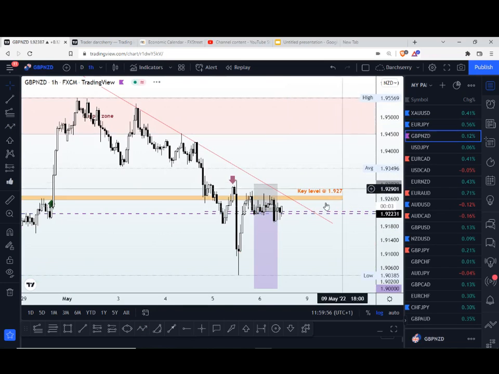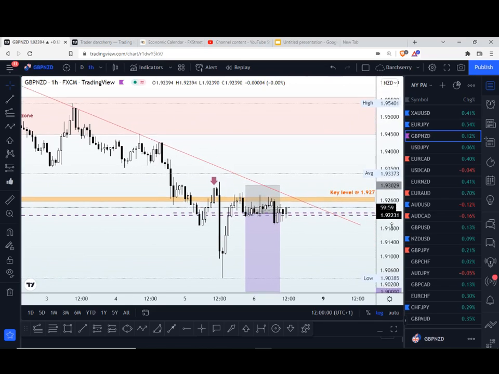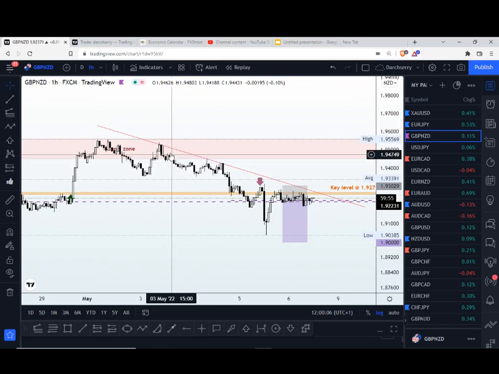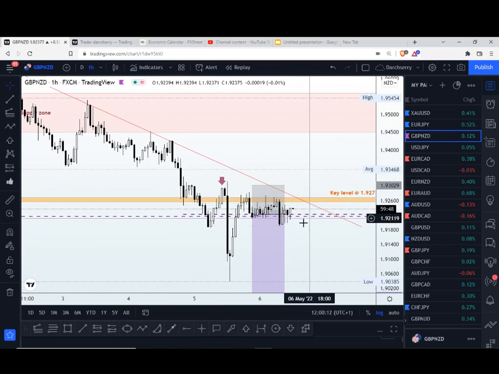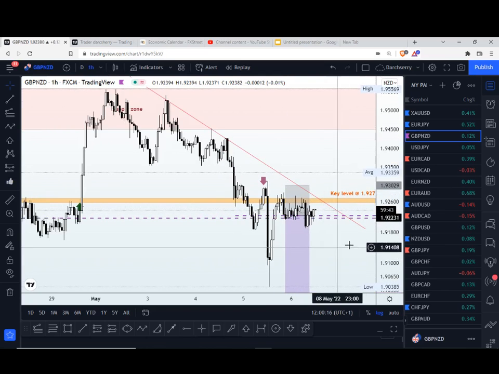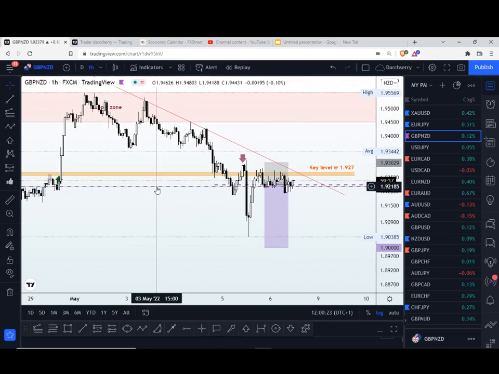And then on GBPNZD, I said we are looking for bearish momentum, where we explained that the bearish trend line on the 1 hour time frame shall be our guide, including the key level identified on the 1 hour time frame, as anything above the key level is not on our side, and anything below the key level and below the trend line is what we'll be looking out for, with an entry level at 92185 and 92267.